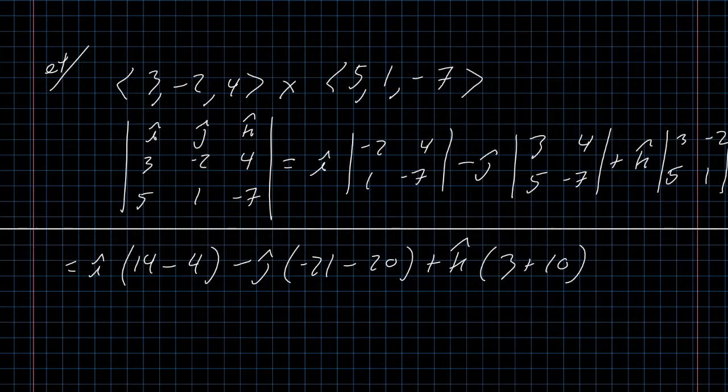Minus a minus there. And so we have 10 i hat, minus 21 minus 20 is minus 41, but then we have a minus in front, so that's plus 41 j hat and plus 13 k hat.